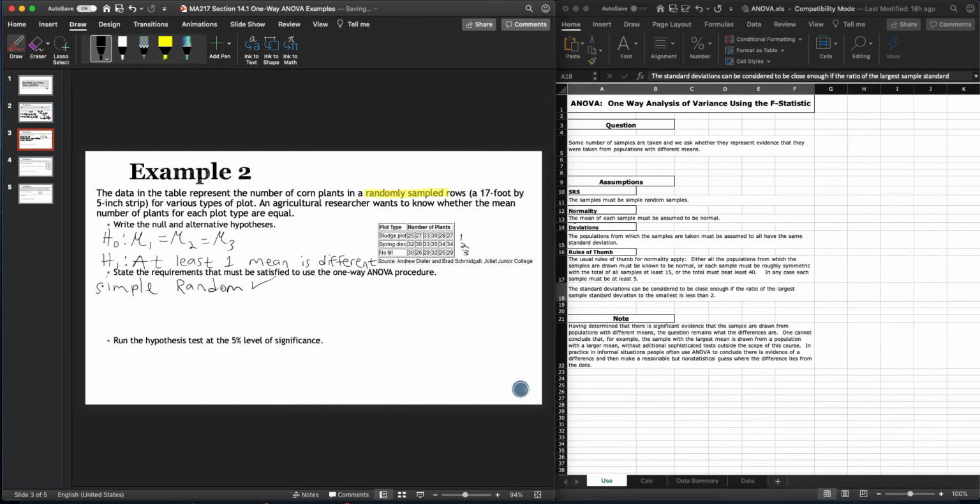We need that the mean of each sample must be assumed to be normal. We wouldn't really know that unless we were told it. Nothing in here specifically states them to be normal, so we're just going to assume that.